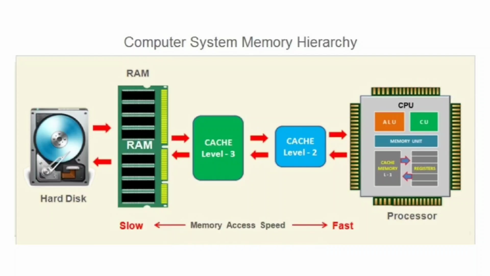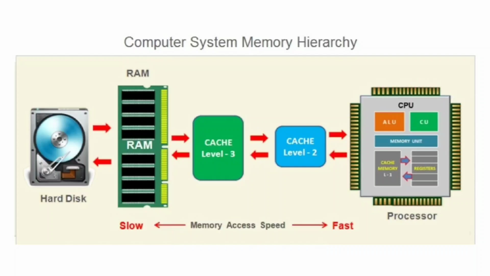Another one is the register. If you are storing your information in the processor, the processor sends this information to the cache. Two types of cache memory are available, level 2 and level 3, and then it comes to the RAM memory.